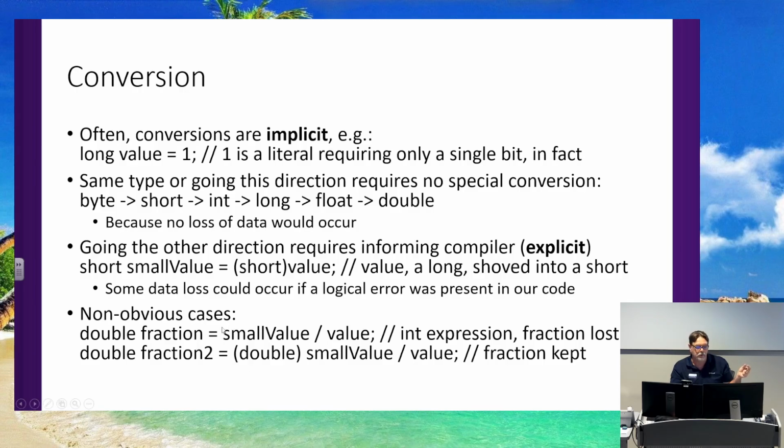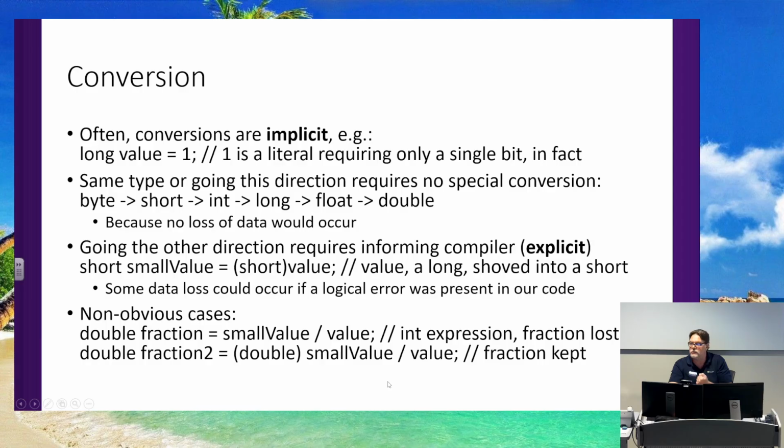So I might have to put double on the front of it, like the second example here, to explicitly tell the compiler, yeah, I know that could happen, but in my case, logically, that won't happen, or it'll happen and I'm okay with it. So yes, explicitly go ahead and do that.